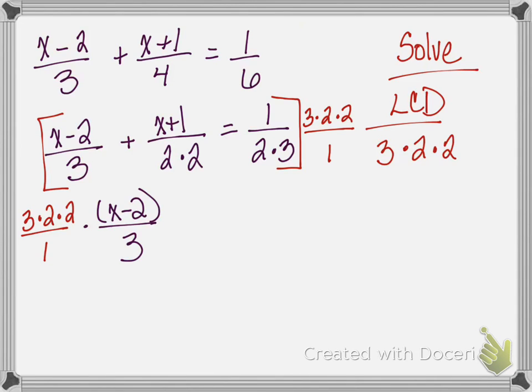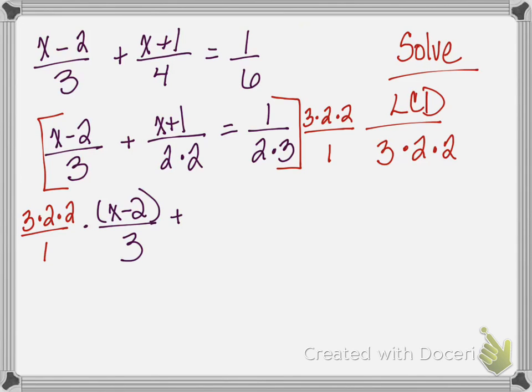Do you see how I put that x minus 2 in parentheses? That's an important habit to get into. Anytime you see a binomial written in the top or the bottom of a rational expression, you want to put that binomial in parentheses. Okay?